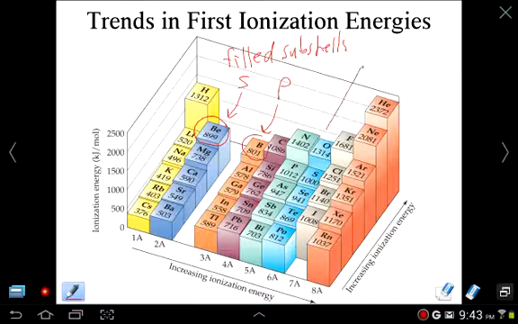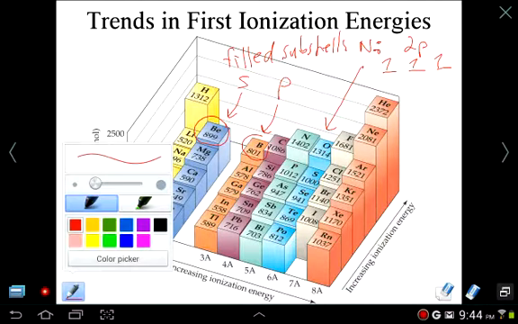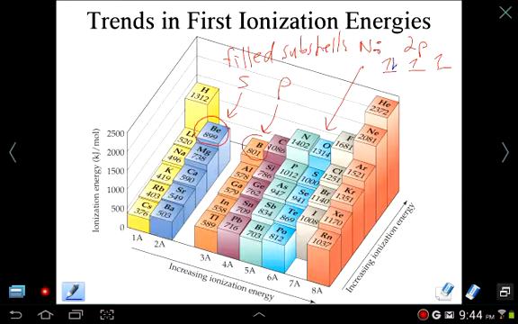The division here is whenever you're going from nitrogen to oxygen, nitrogen actually has a half-filled p subshell. So its 2p, for example, is half-filled. Being half-filled, you get extra stability. So it's easier to remove oxygen's electron than nitrogen's, because oxygen actually has an extra electron paired up, which creates some repulsion and not as much stability.